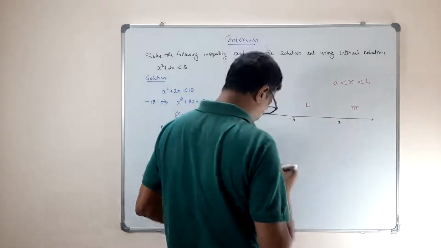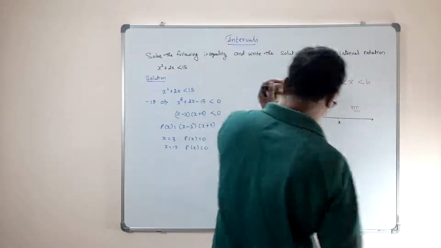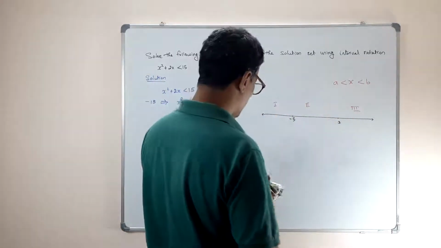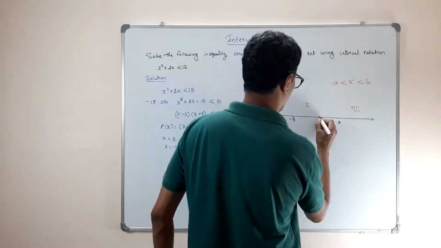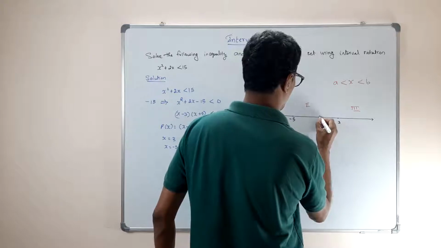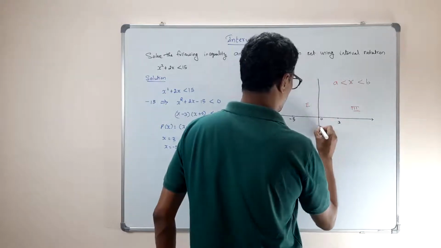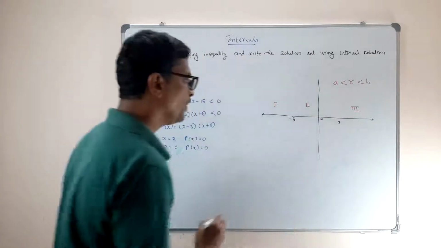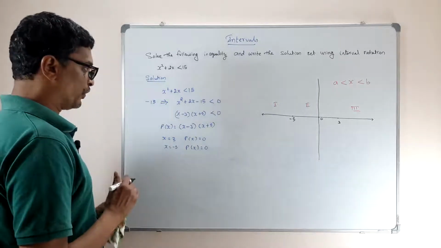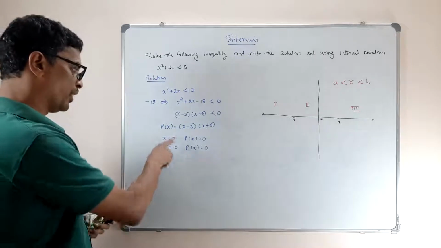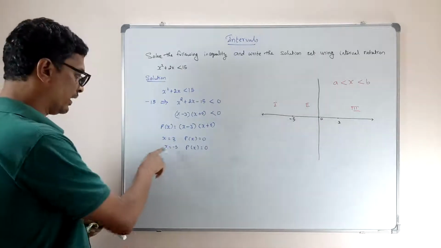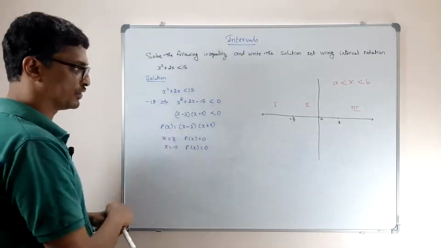If I wanted to write the y-axis also, somewhere here will be 0. Now at x equal to 3, p of x is equal to 0, and at x equal to minus 5, p of x is equal to 0.